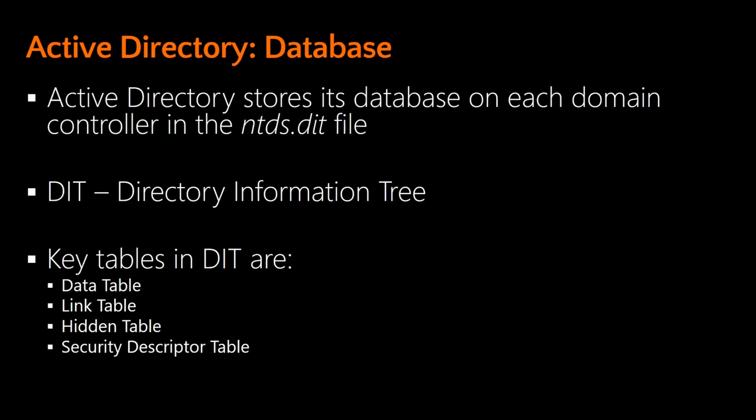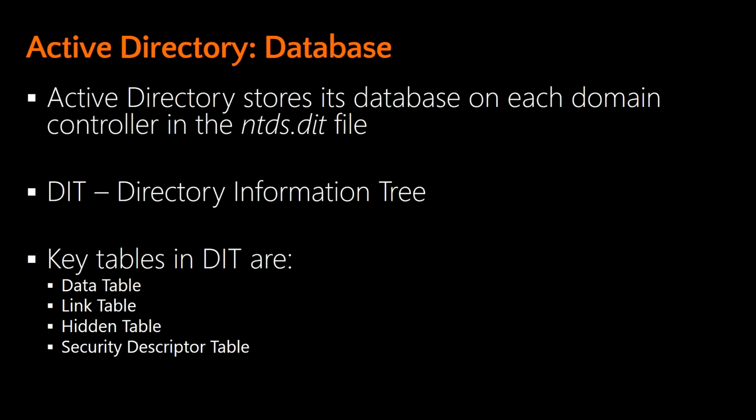Now, let's talk a little bit about database, because during this session we'll be stealing Active Directory ntds.dit file, which is directory information tree, and we'll be using the data located inside.